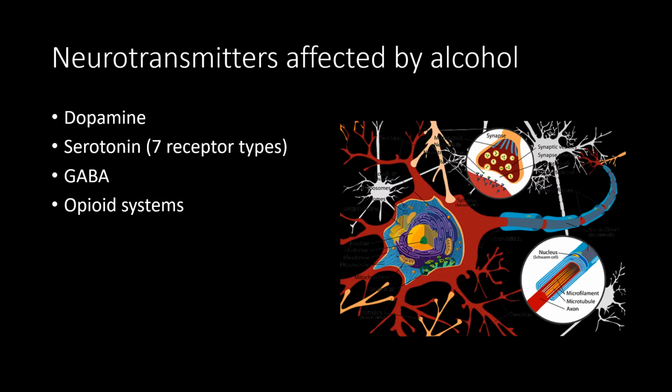The neurotransmitters affected by alcohol include dopamine, serotonin, GABA, and the opioid systems. Notice that there are multiple types.